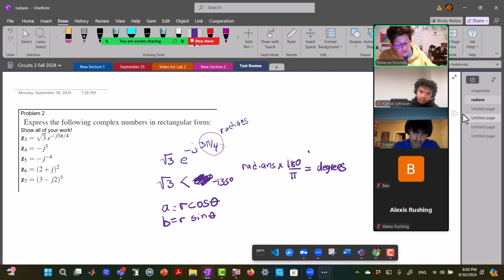And it doesn't matter if you're in radians or degrees, just make sure your calculator is set right. So this would be the square root of 3 cosine negative 135 degrees, and this would be square root of 3 sine negative 135 degrees.